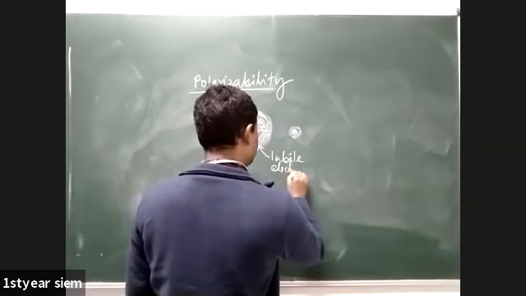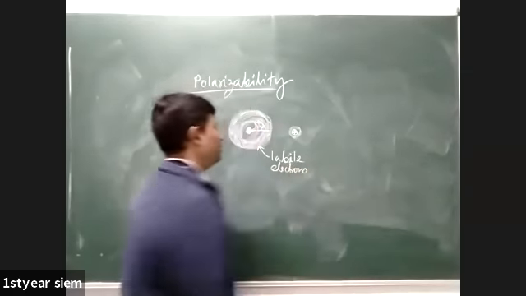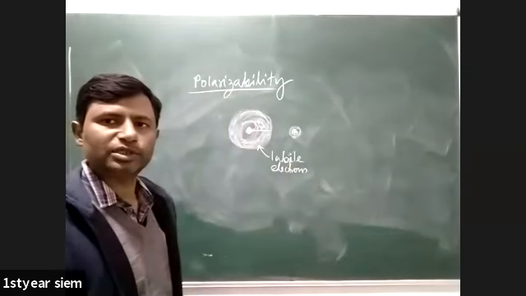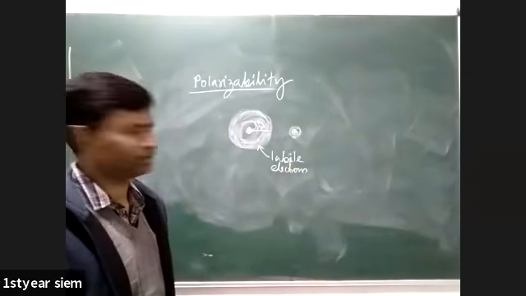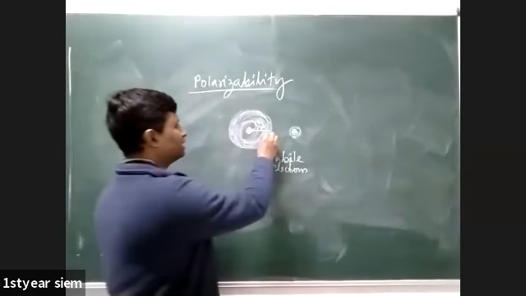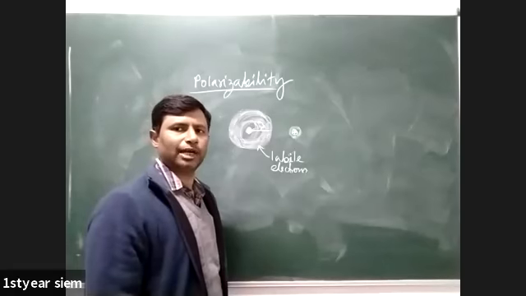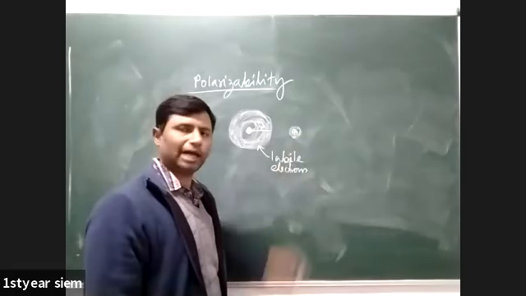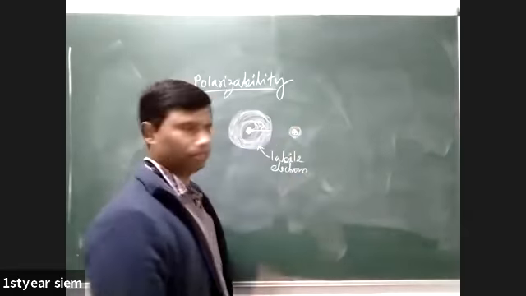Labile electrons means loosely held electrons. So these electrons are easily attracted by any positively charged atom, positively charged ion, or any small atom.